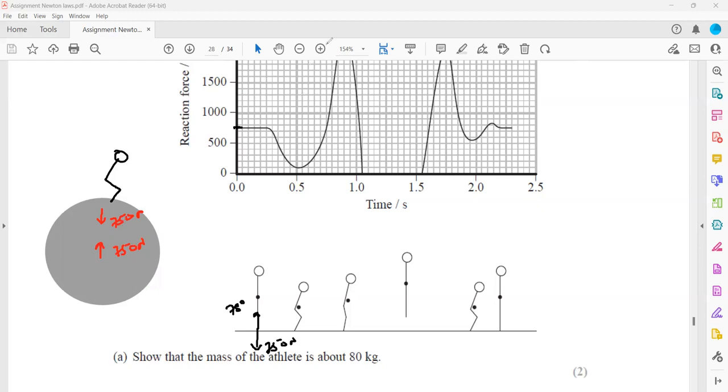Now, as his center of gravity has changed, less downward force is there. The downward force is about one box, so it's about 100 now. So as he bends his knees, the downward force by him on the ground is 100.